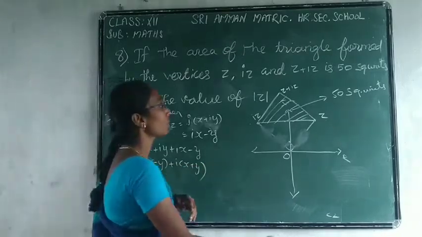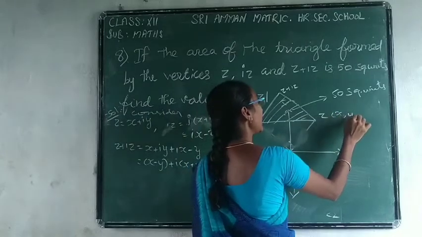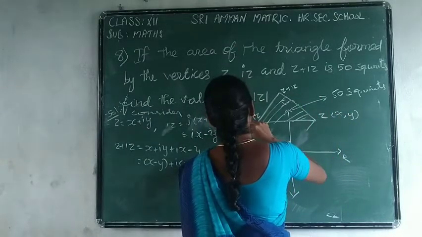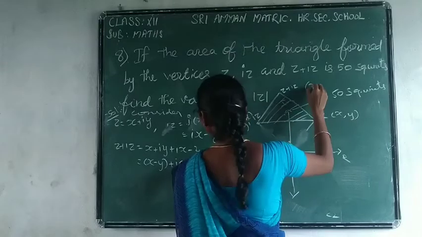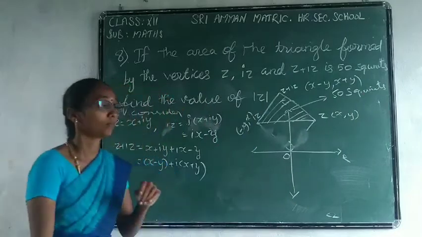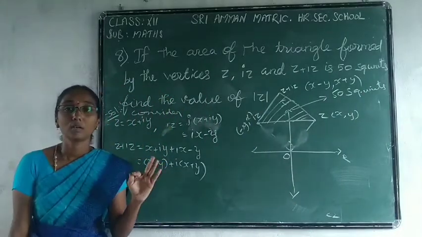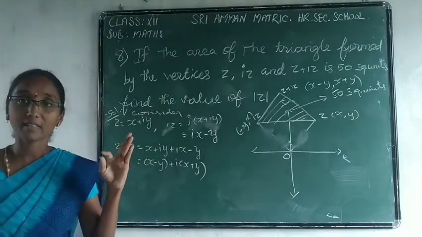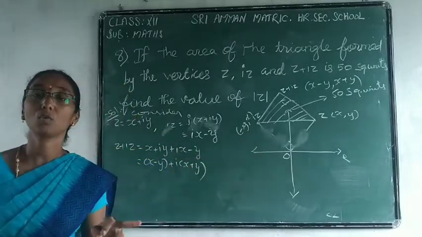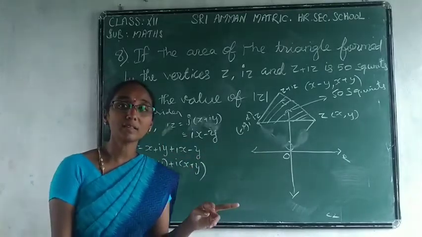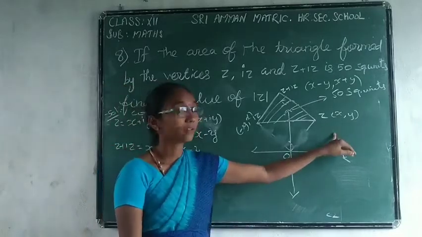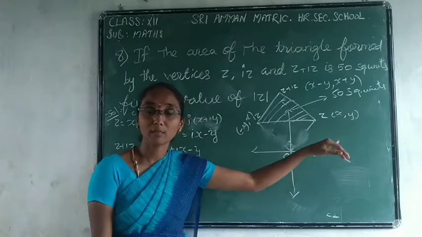Okay. So you consider this one as (x, y), this one as (minus y, x), and this one as (x minus y, x plus y). We need three vertices in an Argand plane.